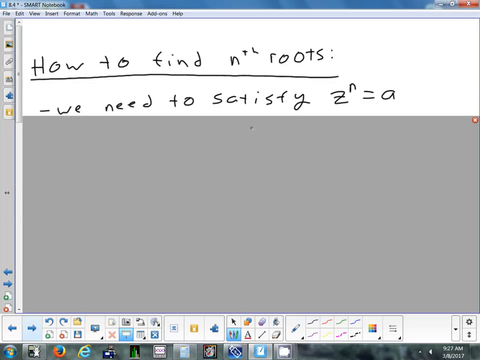It's a lot easier to go through an example than it is to describe how to do it without numbers. So I will give you the steps in general, but it's going to make a lot more sense when we just use actual numbers. So the goal is you have to satisfy this equation. That's how you find an nth root.